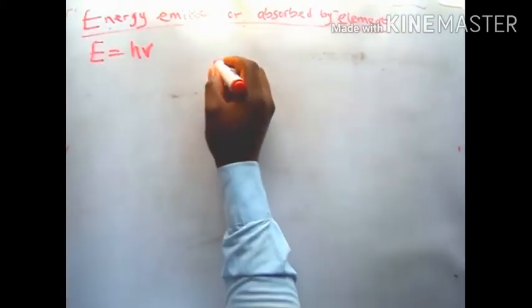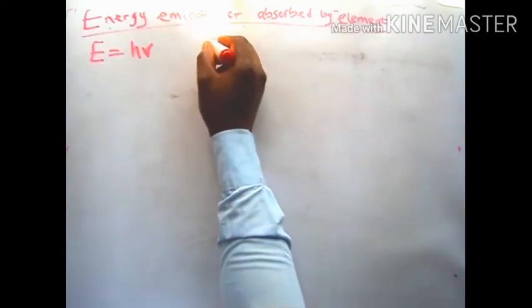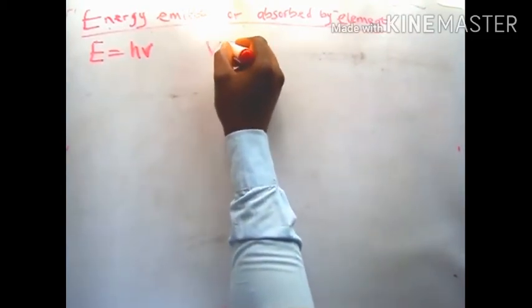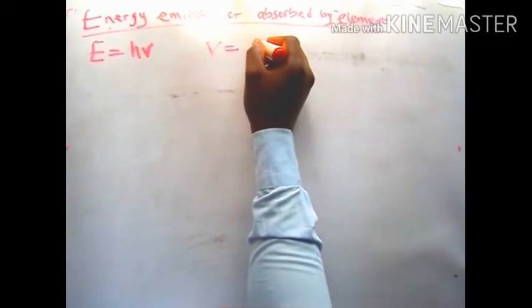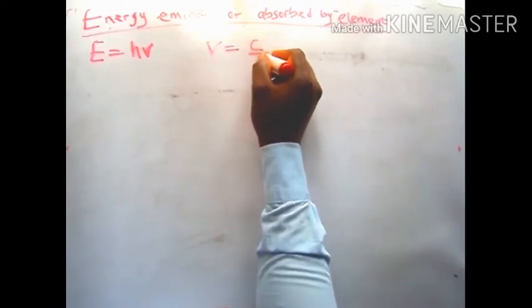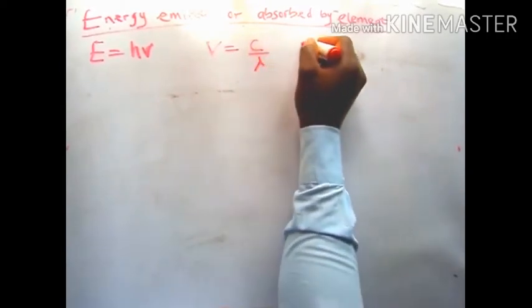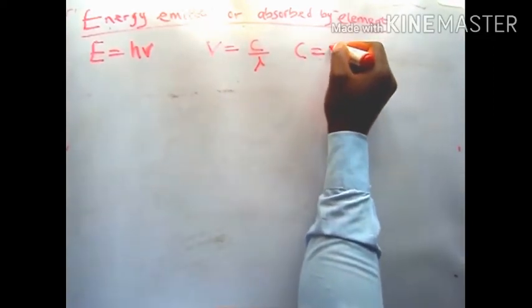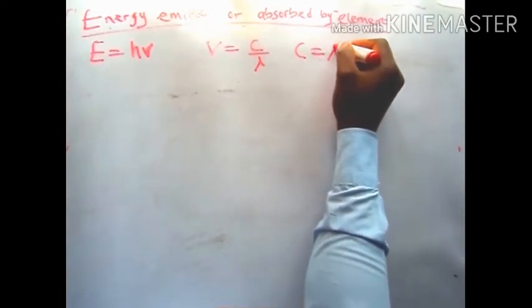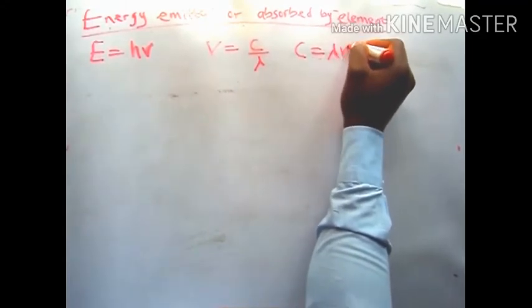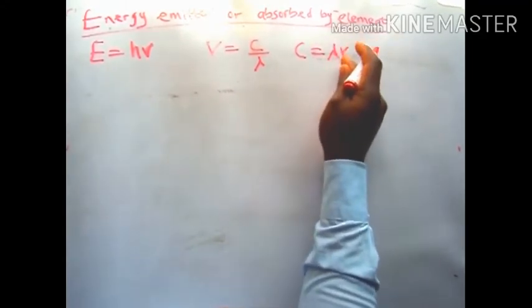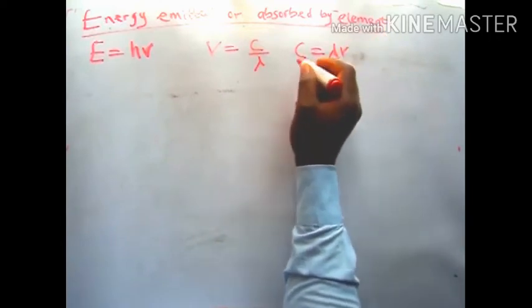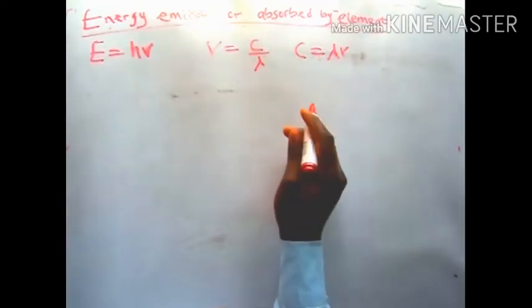And you know, from the knowledge of your waves, frequency equals C over lambda. You know that C, the speed of light, equals the wavelength times the frequency. So substitute to make your formula. Now you have this. You get it right?